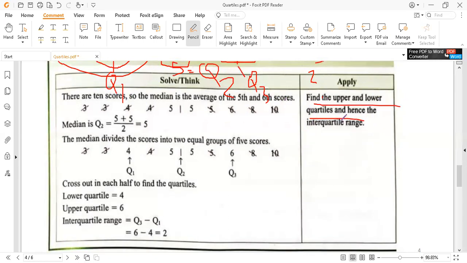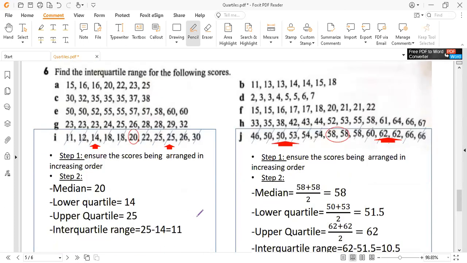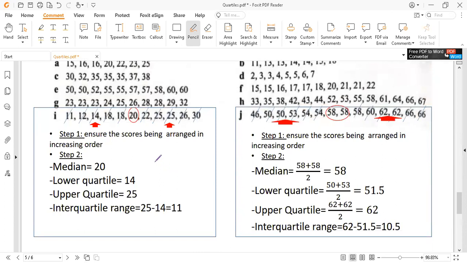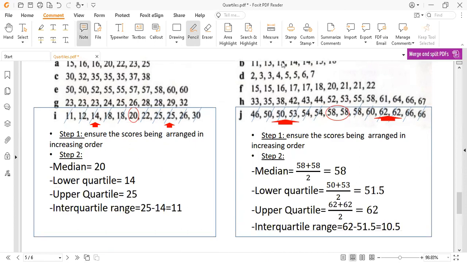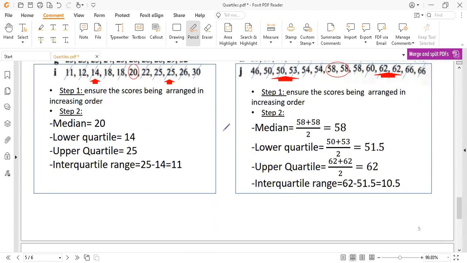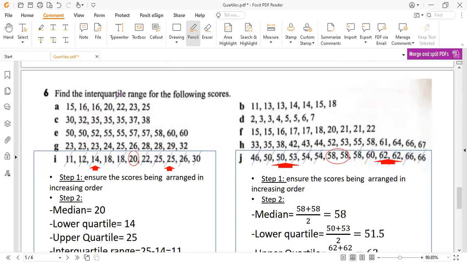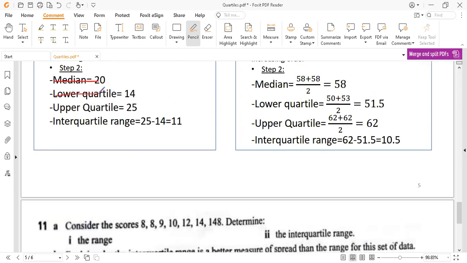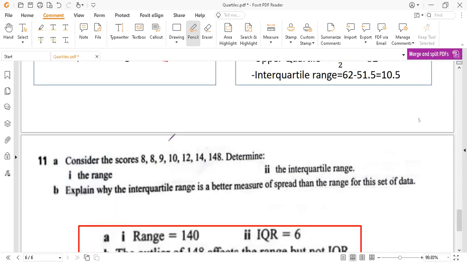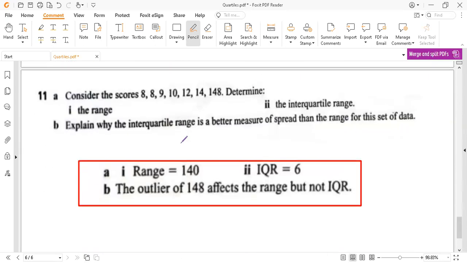Then the most important step is to calculate the interquartile range, the difference between Q3 and Q1. Adopt the same strategy and apply it on exercise 6, all about the median, the lower quartile, upper quartile, and interquartile range.